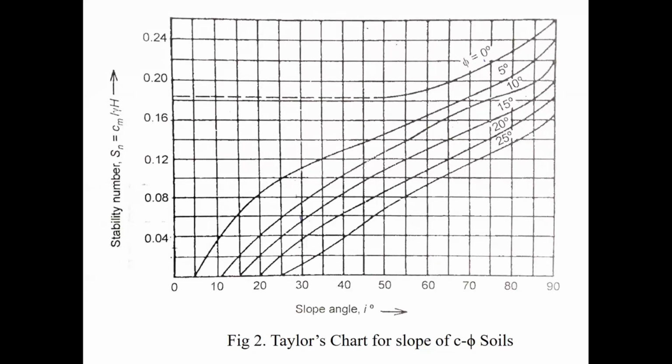So how much is your factor of safety with respect to cohesion? And how much was your factor of safety with respect to angle of internal friction? 1.5. No, that is what you assumed, right? But your factor of safety with respect to cohesion is less than 1. Is the slope safe? No.